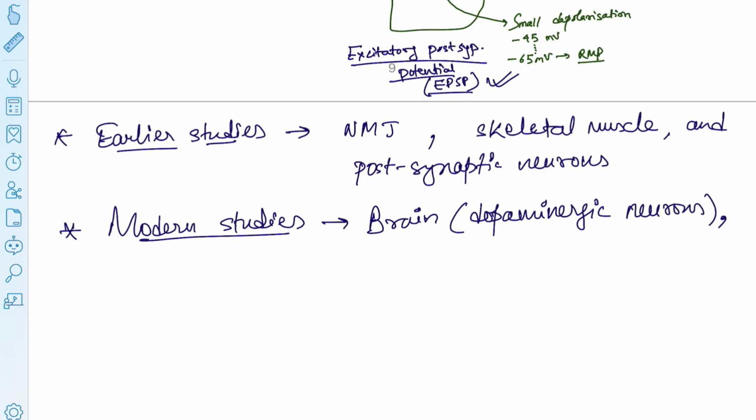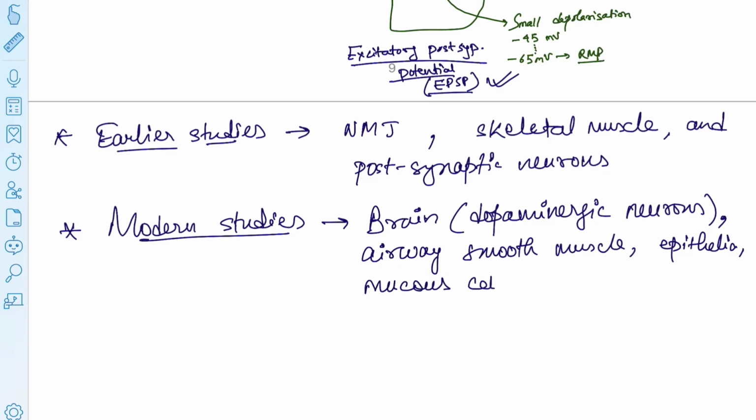Even they are expressed in airway smooth muscle, many epithelia, even in some mucus producing cells, and also in many inflammatory cells. Let me show you some papers so that it will be clearer to you, and you can go through those papers where many researchers have found the localization of this nicotinic receptor in different organs as well.